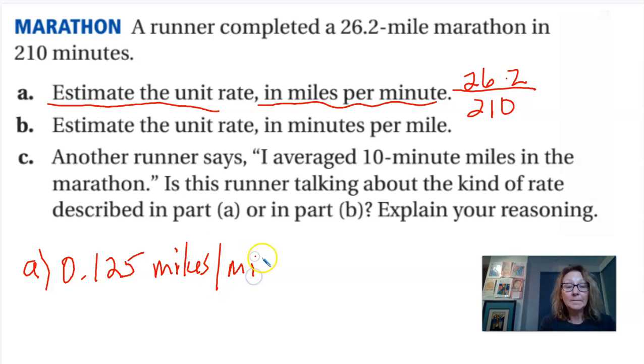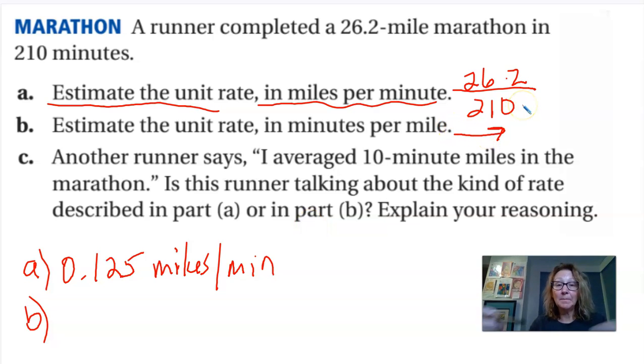per minute, right? And then if I want to look at the unit rate a different way, and I'm looking at minutes per mile for B, I'm going to flip the numbers upside down, and I'm going to do minutes here and then miles here, right? So it's two ways of approaching a unit rate, and so they're describing different things.